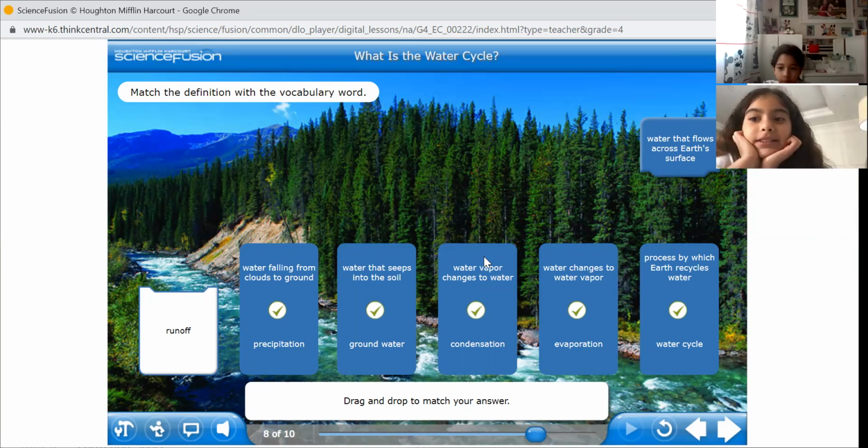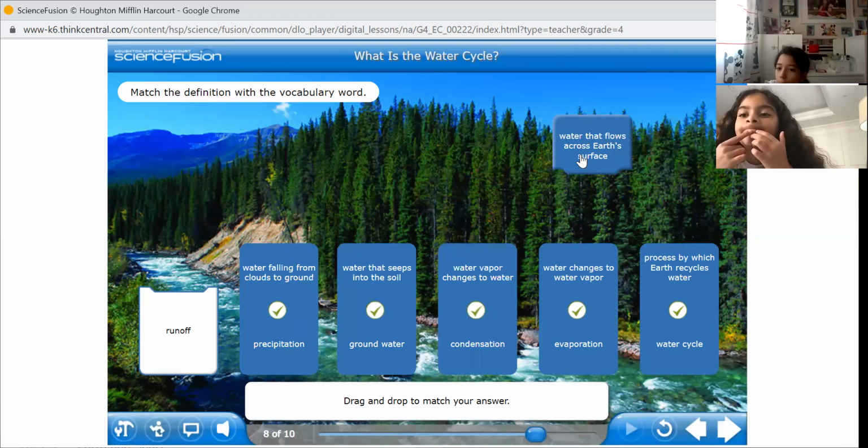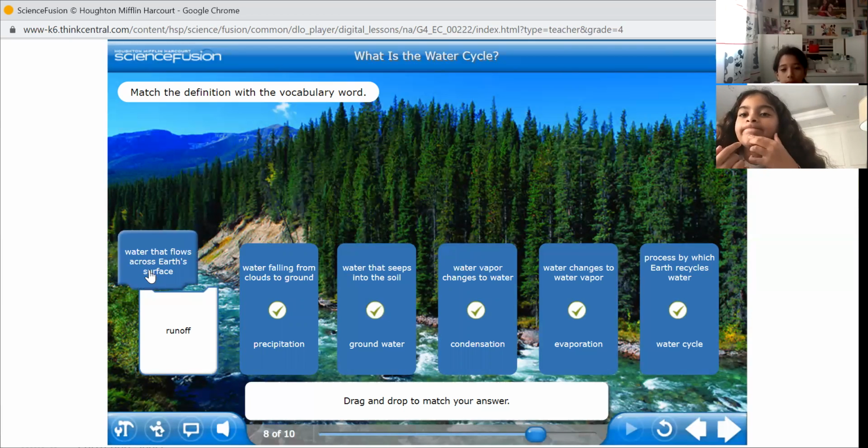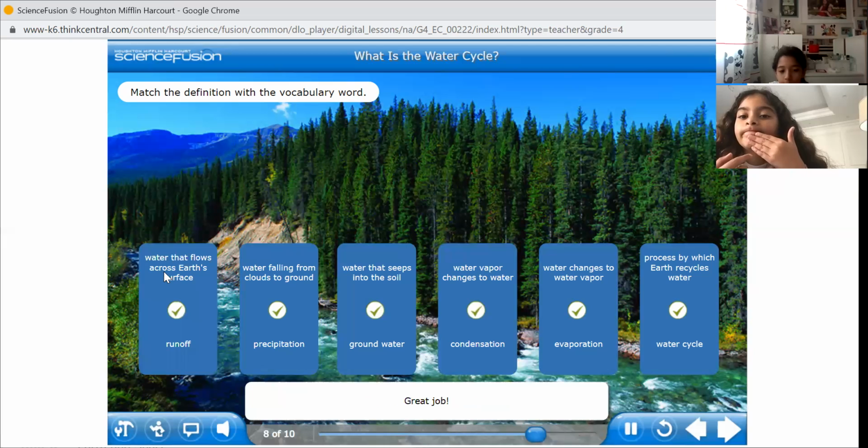When the clouds are full of water gas, they turn to liquid. Then, when they go down to the ground, they are coming as precipitation. Now, finally, water that flows across Earth's surface, we call it runoff. Great job! You've matched them all.